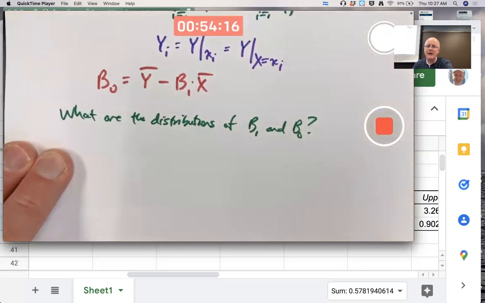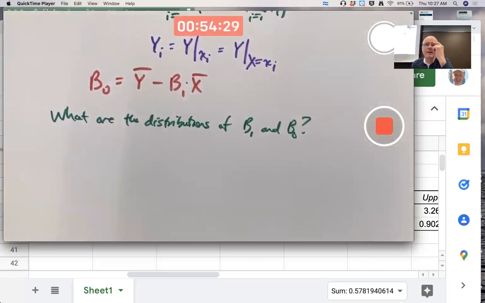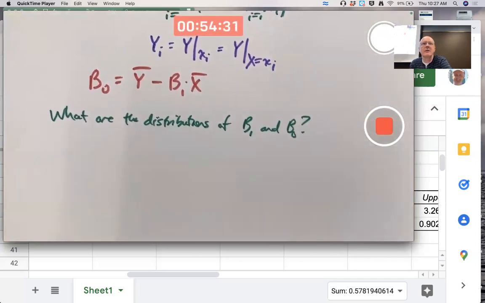The slope and the intercept as estimators. Using that word too, estimators. Just like X bar is an estimator for mu. Capital B1 is an estimator for little b1. Or, well, no, that's not right. Little b1 is an observed value of capital B1. Capital B1 is an estimator for the population slope called, oh, here come Greek letters again, beta 1.